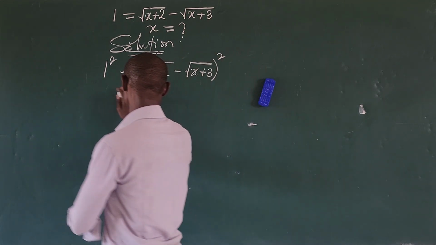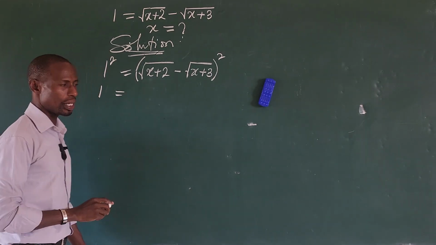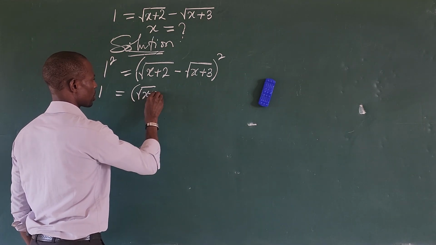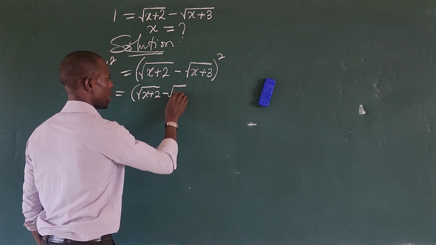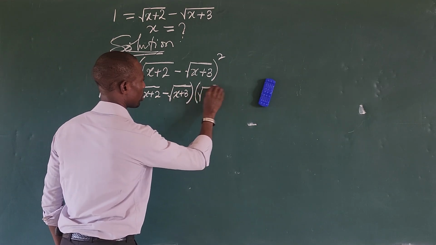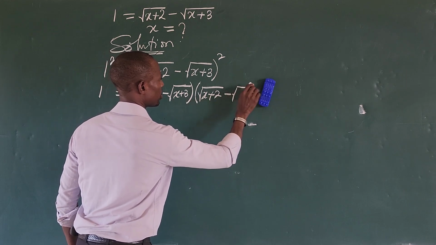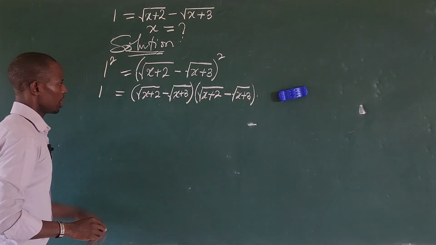So from here, we get 1 squared is 1, then bracket. Let's go systematically: the square root of x plus 2 minus the square root of x plus 3, close bracket, times the square root of x plus 2 minus the square root of x plus 3. Right, so let's open this.